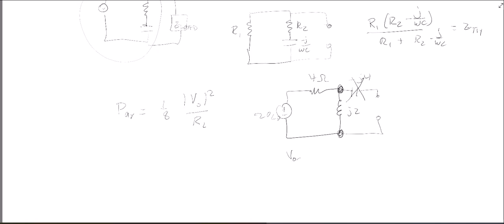So V open circuit equals 20 times the impedance of this bottom part, which is J2, over the sum of the impedances, which is 4 plus J2. That would be J40 over 4 plus J2.